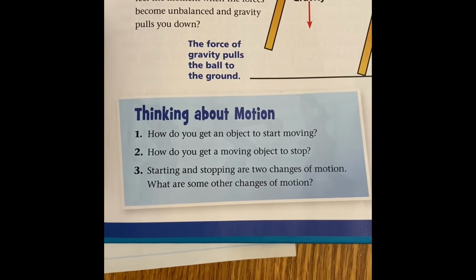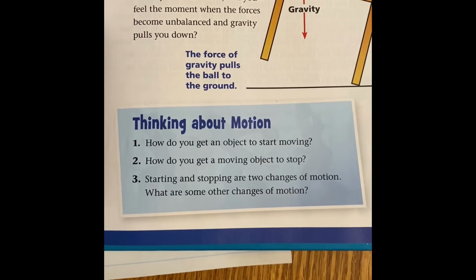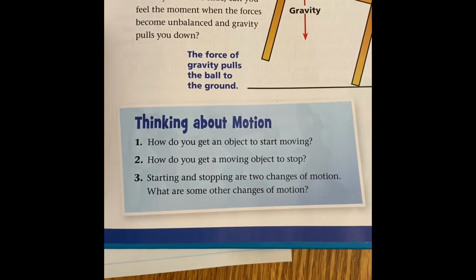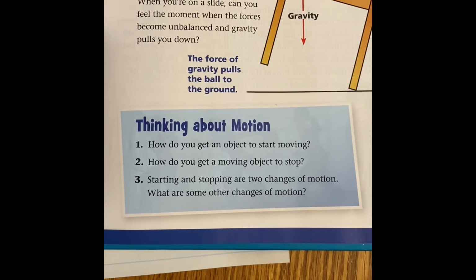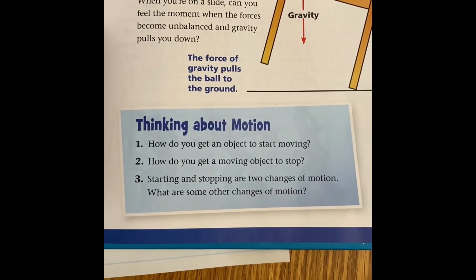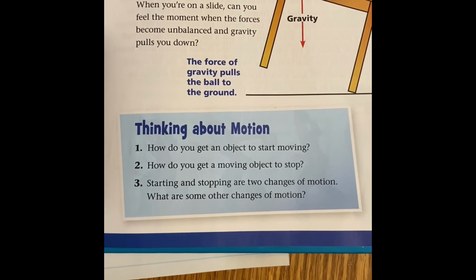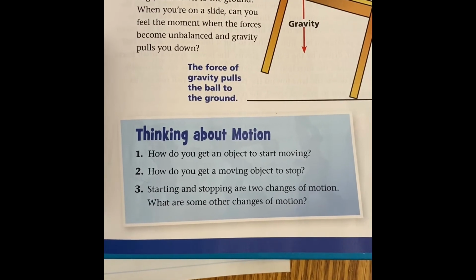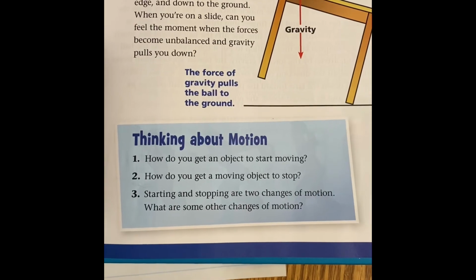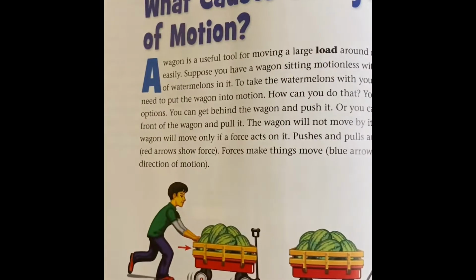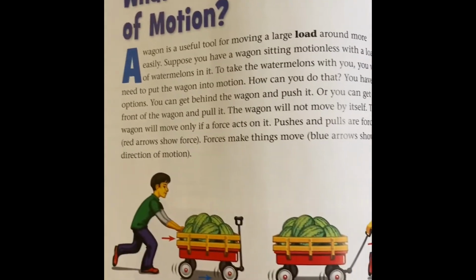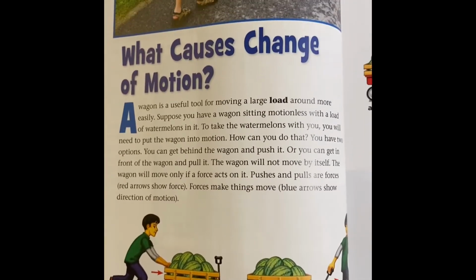Number 1, how do you get an object to start moving? Number 2, how do you get a moving object to stop? Number 3, starting and stopping are 2 changes of motion. What are some other changes of motion? What causes change of motion?